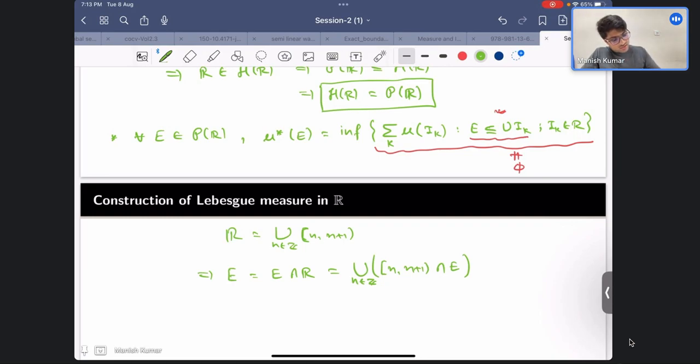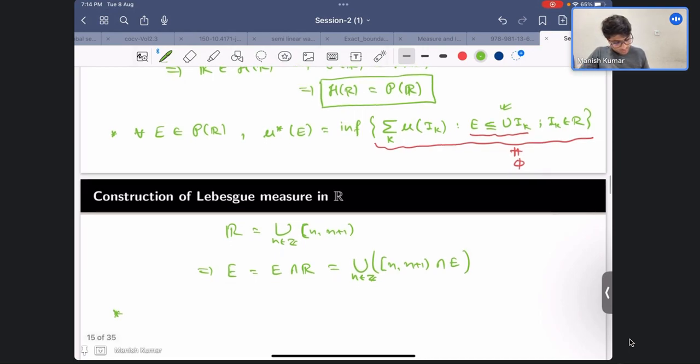Such a cover always exists, and so such a summation exists, and so this infimum also exists. Okay, so this is how we define H of R.